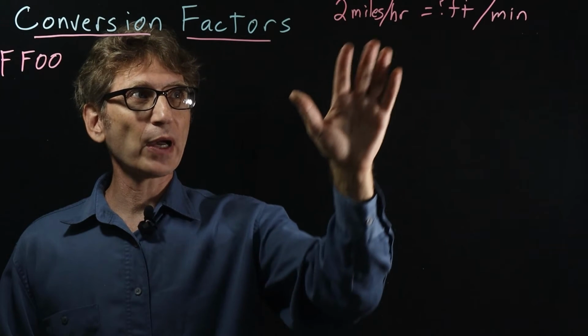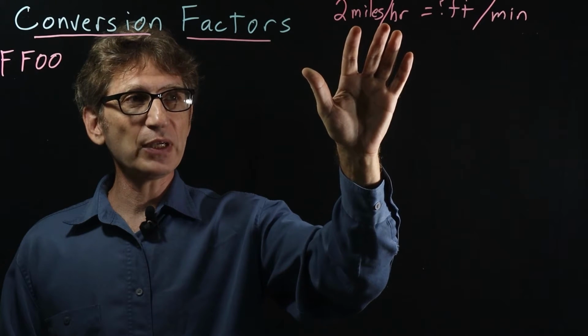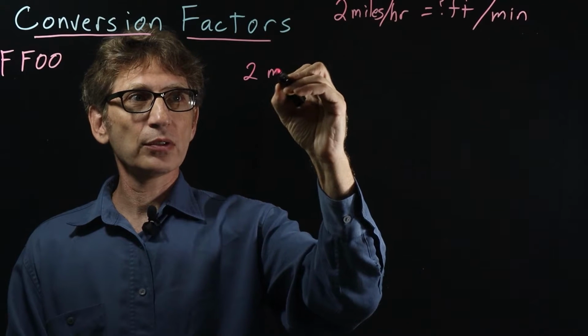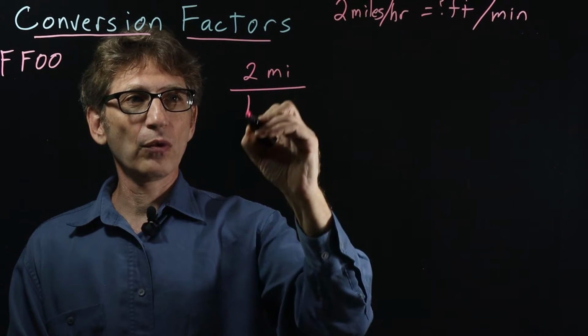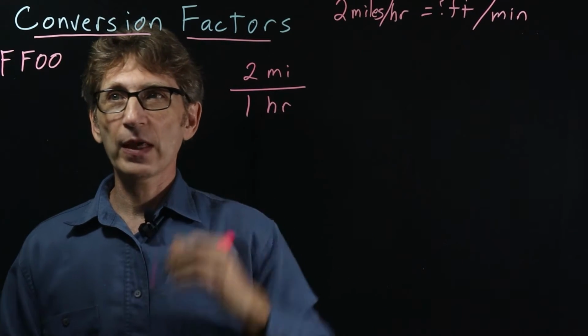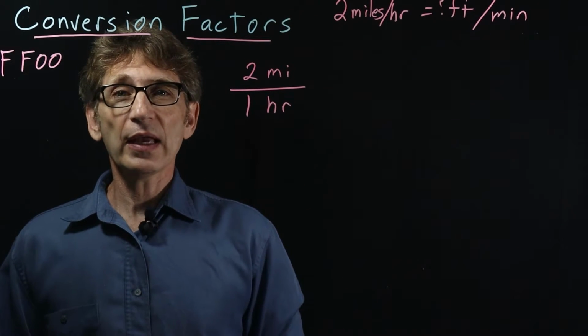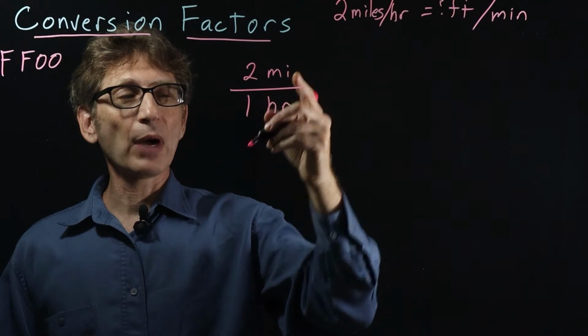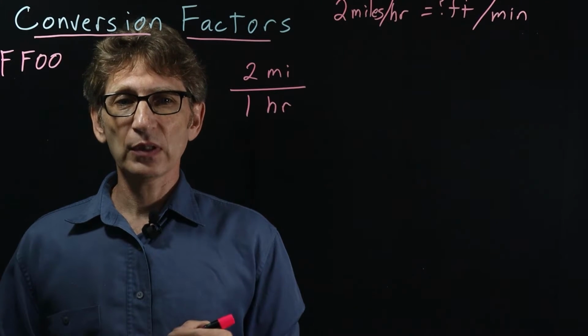So let's start just by using our rate of speed here and writing it as a fraction. 2 miles over 1 hour. 2 miles per hour. And now I'm going to use a conversion factor to convert miles to feet.